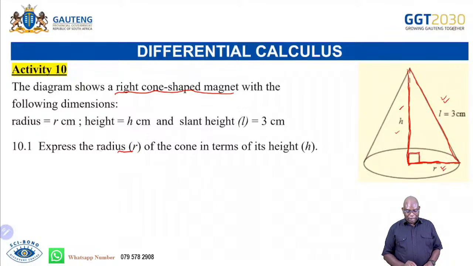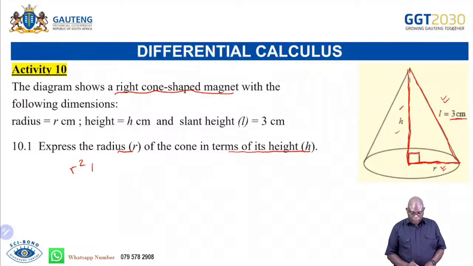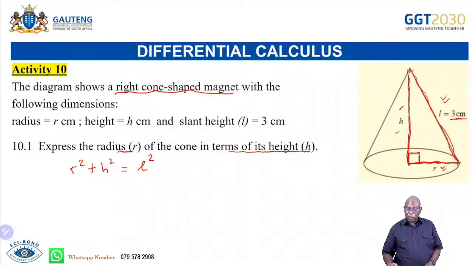So if they say express the radius in terms of its height, already the slant height is given as 3. So I know that the radius squared plus the height squared will give us the slant height squared. That's the theorem of Pythagoras. Right. So in this case, remember the slant height is now your hypotenuse.